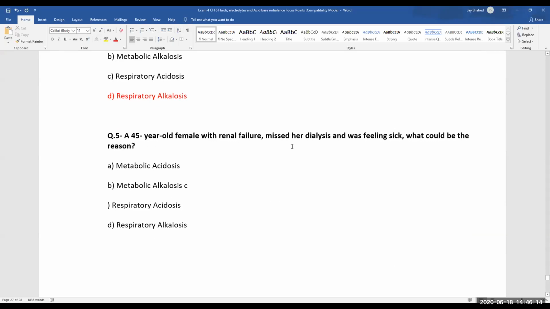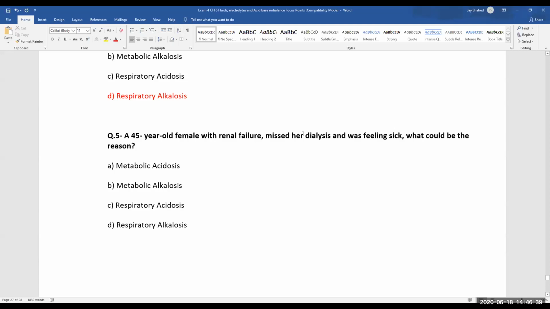What about this? Renal failure, missed her dialysis, feeling sick. Metabolic acidosis. Because you're retaining the acid. So it's metabolic. As soon as you see kidney or vomiting or anything besides respiratory, it's metabolic. That means body.